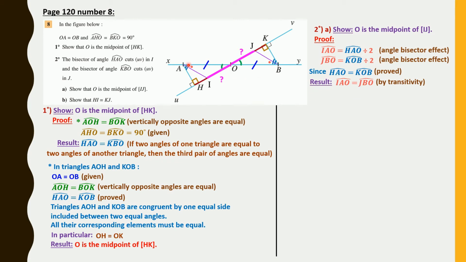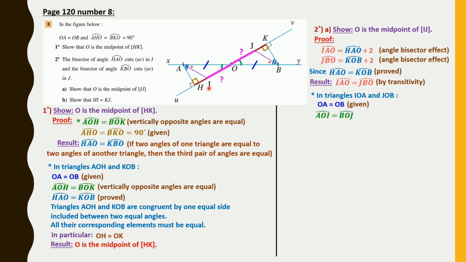Now the three pieces of evidence needed to prove that the two triangles IOA and JOB are congruent are found. Now we are ready to prove their congruence. So let's start. In triangles IOA and JOB, we have OA equals OB. It's given, so we found our equal side.